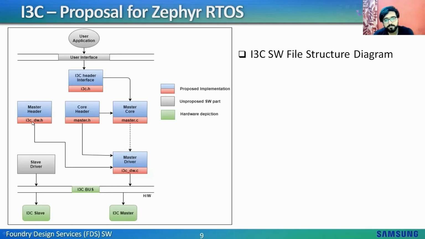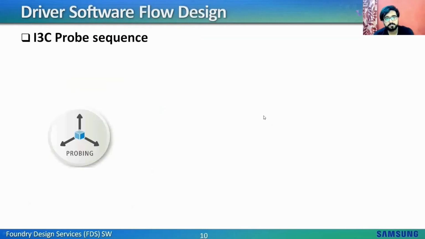The corresponding header files like i3c_dw.h, that is the master header, and master.h, that is the core header, are utilized by the master driver, as these header files contain the necessary declarations and macros which might be required by the master driver. So this was our I3C software file structure. If we move on to the next slide.